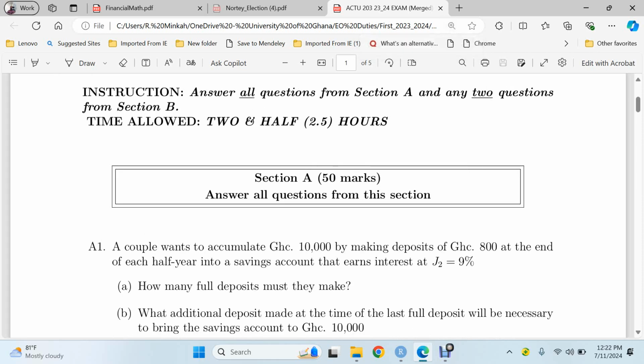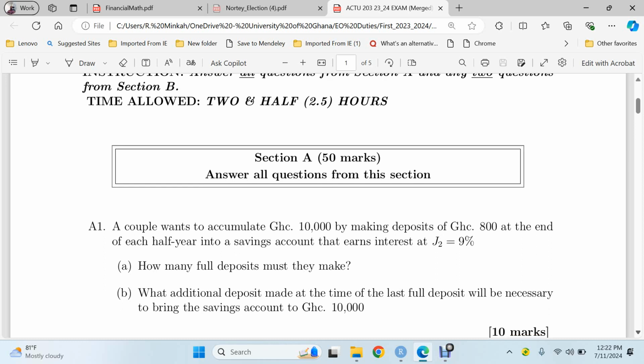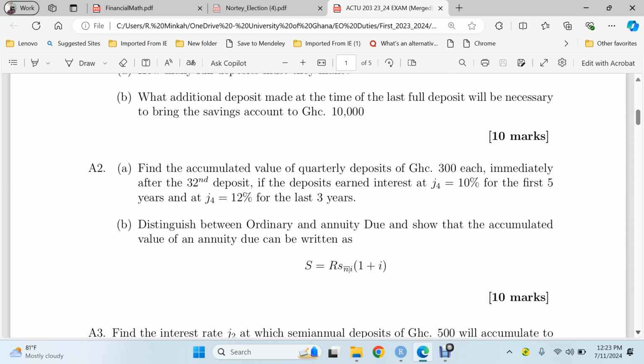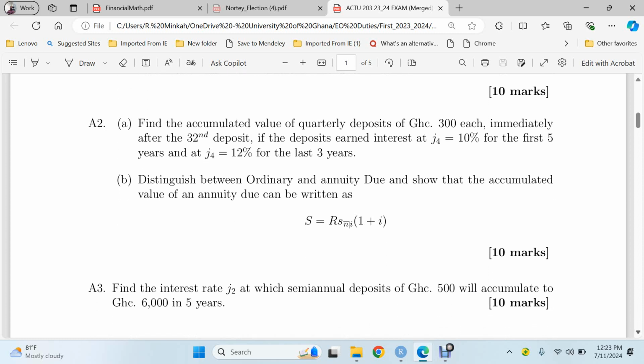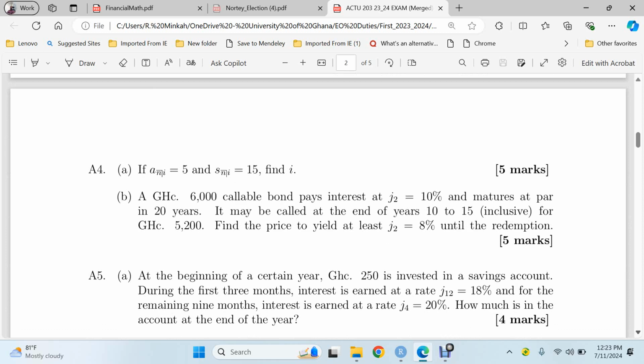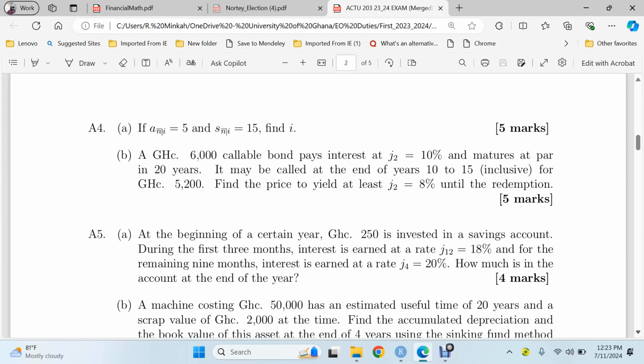This is about a loan. It's for the current 200. If I go back to 2022, I'll find you. Basically, find the interest rate, semi-annually, and so forth. And you will do all these annuities.